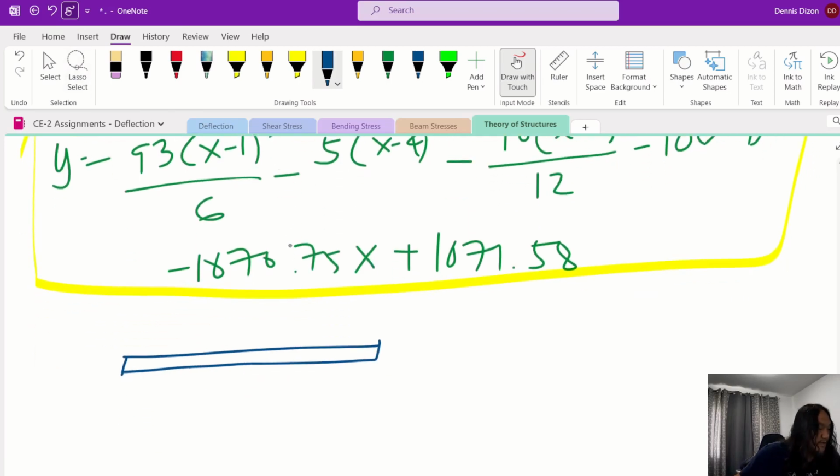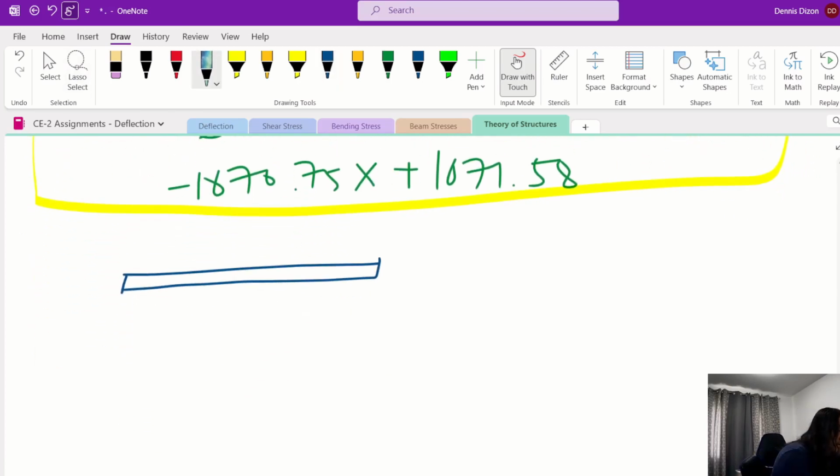and then you have a support right here, the elastic curve of the beam, this is exaggerated deflection. There is a point within this span where your slope goes down until it goes back in the upward direction.